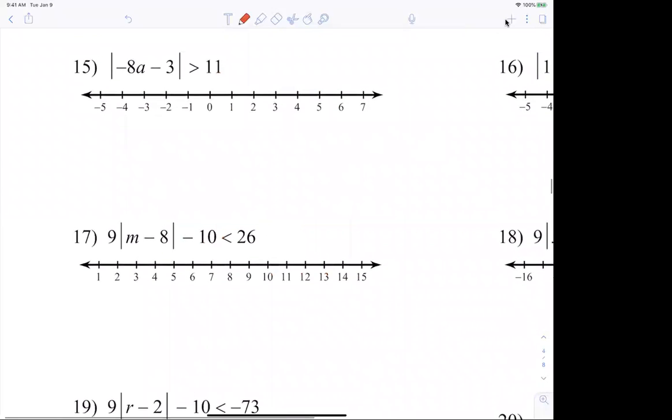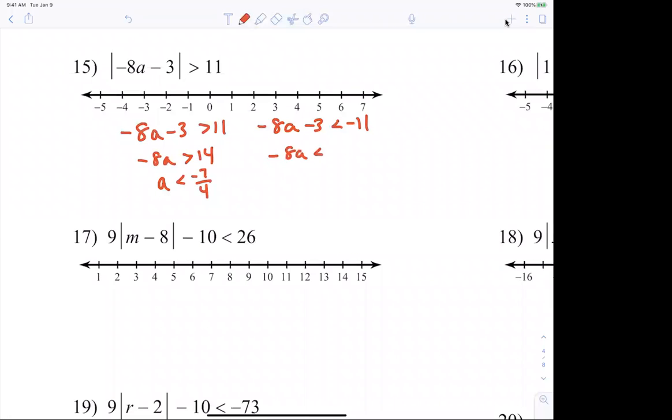All right, 15. Negative 8a minus 3 is greater than 11, or negative 8a minus 3 is less than negative 11. Negative 8a is greater than 14, so we'll switch the sign: a is less than negative 7 fourths. And here, negative 8a is less than negative 8, so a is greater than negative 1.